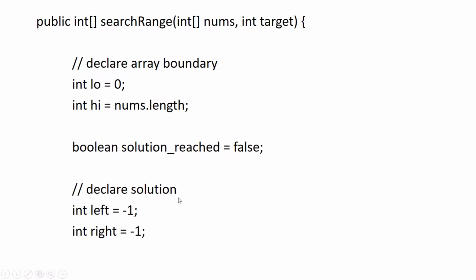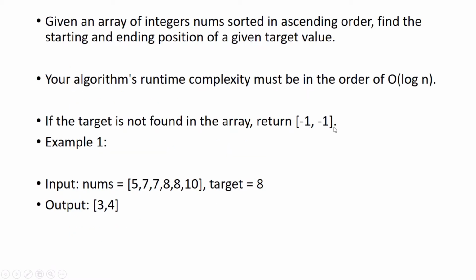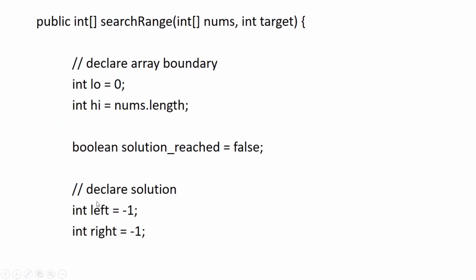Now we declare a solution inside these two variables, left and right. Since the question asks us to return an array of -1 and -1 if there is no solution, we declare left and right as -1 and -1, and so this shows that there is no solution.